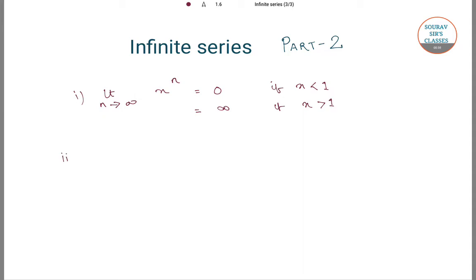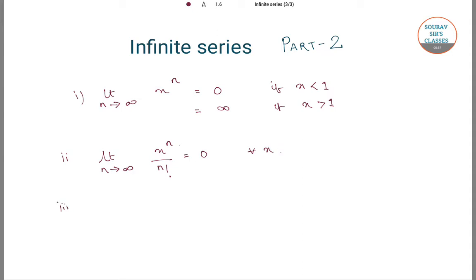Next is limit n tends to infinity x raised to the power n divided by n factorial. It is equal to 0 for all values of x.